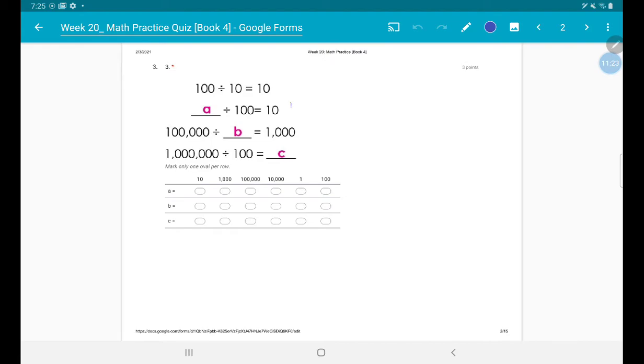Remember, we can also turn this around to a multiplication fact. 10 times 100 equals A. So I know 1 times 1 is going to be 1. And I have 1, 2, 3 zeros. So A will be equal to 1,000.